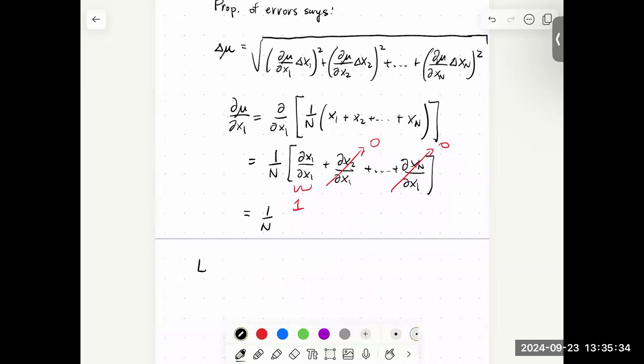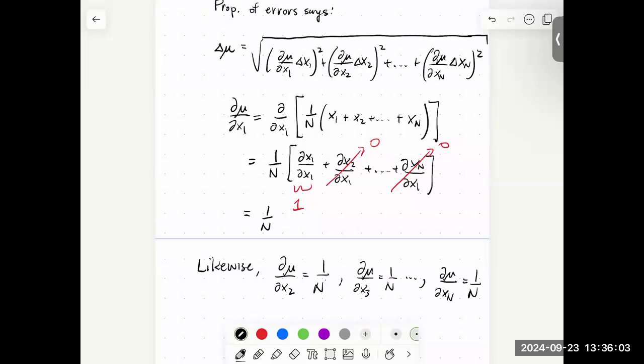So we could say likewise, d mu dx2 is going to be 1 over n. And d mu dx3 is going to be 1 over n. And d mu dxn is going to be 1 over n.